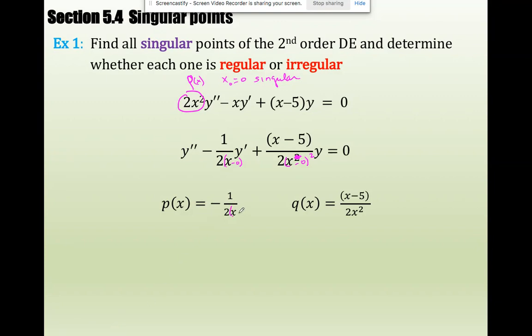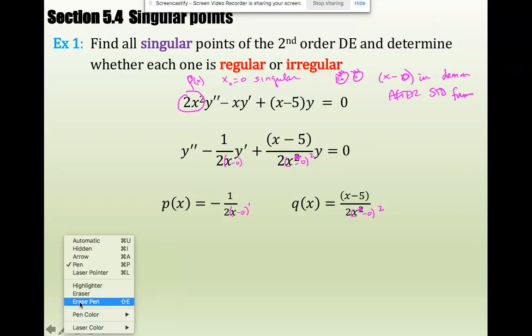And again, if you want to make sure, look at the factors of, this is my singular point, so look for x minus 0 in denominators after you're in standard form.